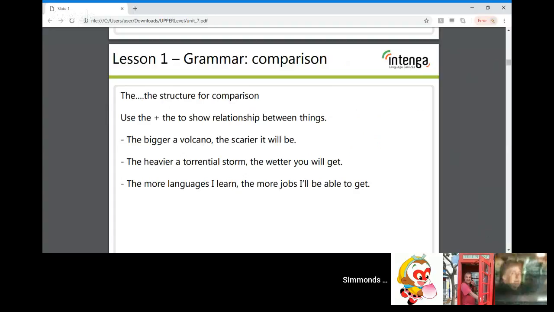So if you're outside during a really heavy torrential storm, then you're going to get, we use a couple different words. Does anyone know the word that means you're absolutely wet from head to toe? There's two words. No idea? Okay. You can say drenched or soaked.